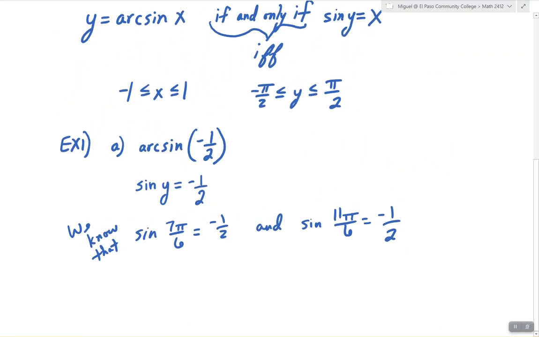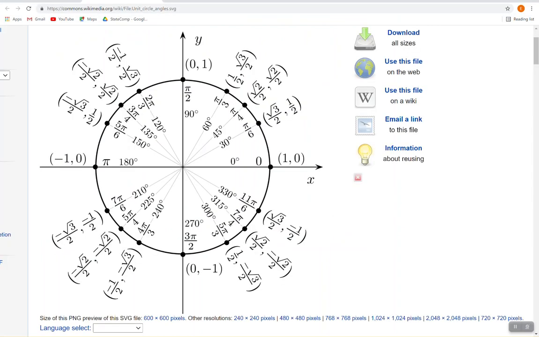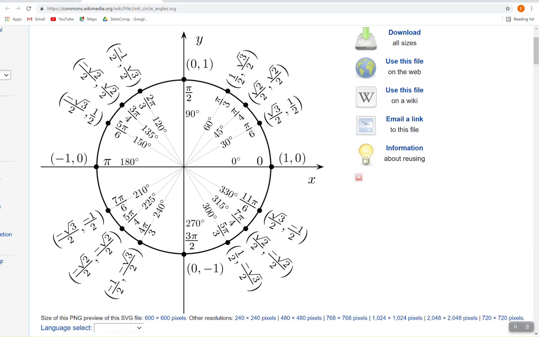So what are we looking for here in terms of the y and x of the function? We're looking for y. Y is between here. That makes sense? In terms of the circle, right? Where is that interval? So -π/2 to π/2, right?